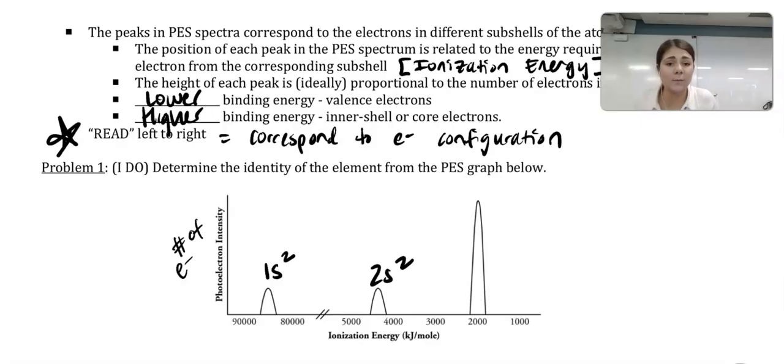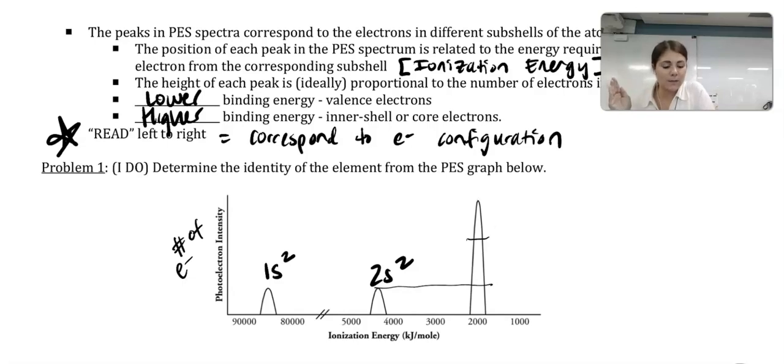This last peak is still relatively close to our 2s, so I'm going to make the assumption that this is the 2p. Now, knowing that this is the height for 2 electrons, I'm going to assume that the top of this peak is going to be 6, going 2 electrons, 4 electrons, and 6 based off that x-axis.